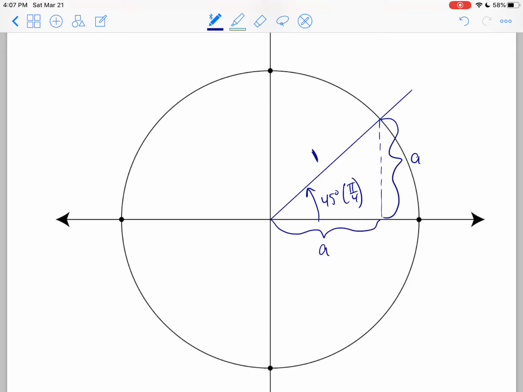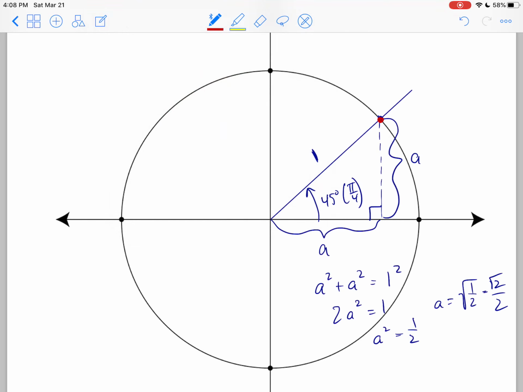And we know that this length is 1 because it's a unit circle. And so using the Pythagorean theorem again, we know that a squared plus a squared equals 1 squared. So that means 2a squared equals 1, so a squared equals 1/2. And that means that a is equal to the square root of 1/2, which we rationalize to be root 2 over 2.